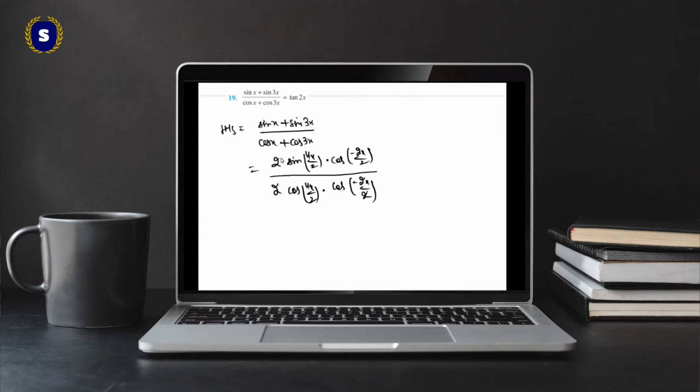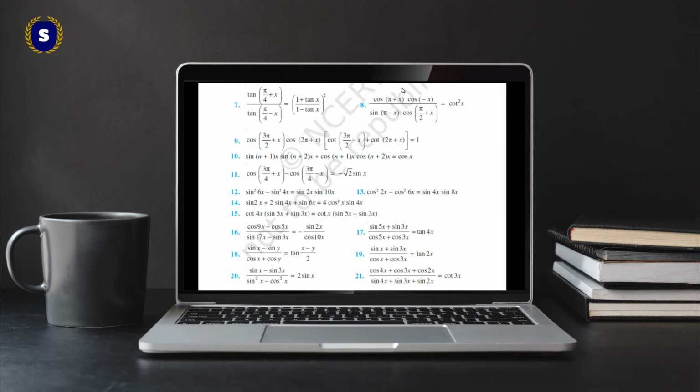So 2 and 2 cancel out each other, and cos (minus 2x by 2) cancels out as well. So we are getting sin 2x upon cos 2x, that is equal to tan 2x, which is equal to RHS. Hence proved. So next question, that is question number 20.